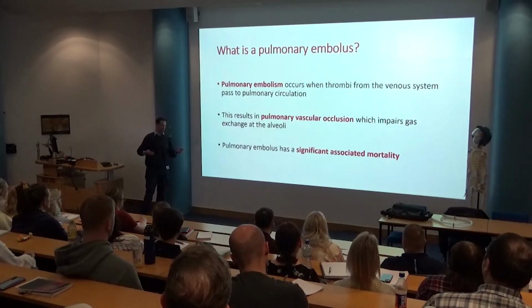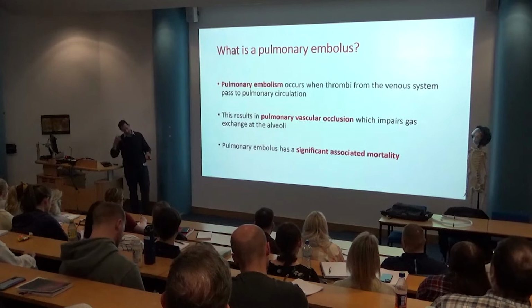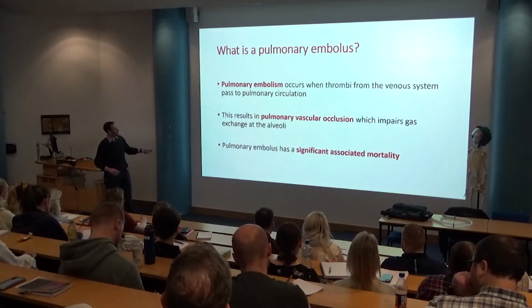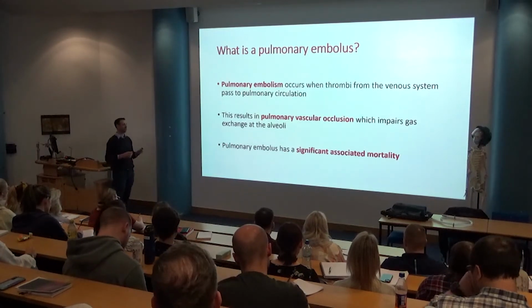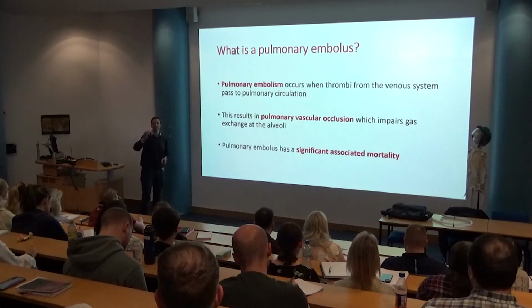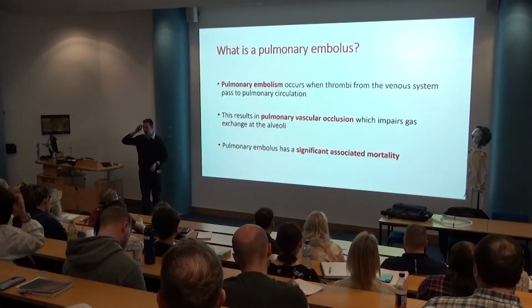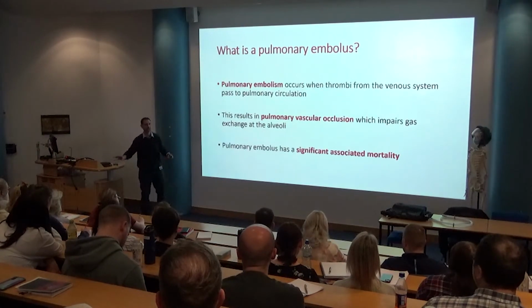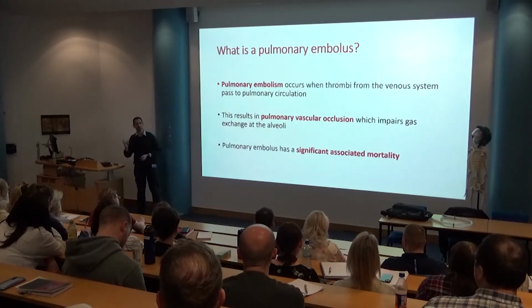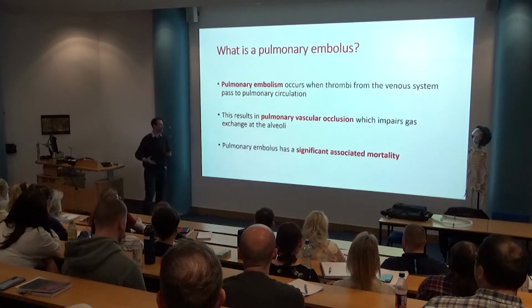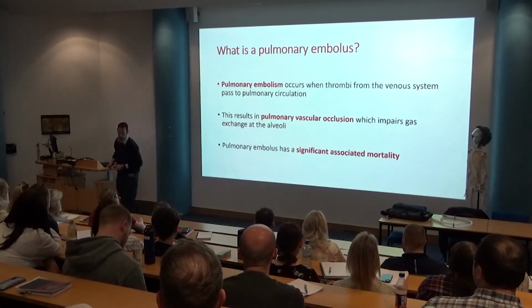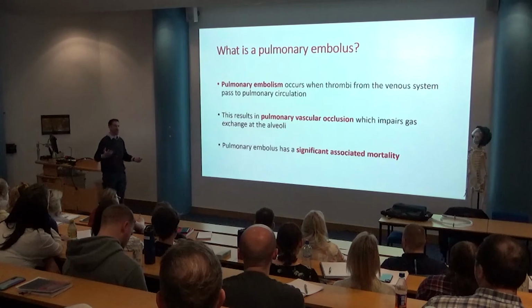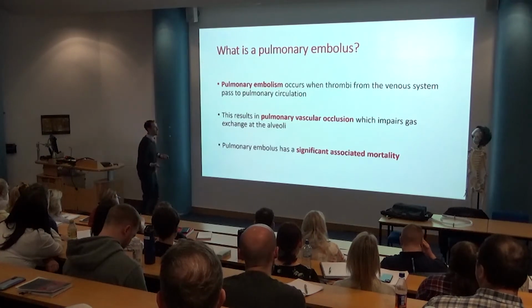So a pulmonary embolus has a significant associated mortality, but let's be logical about this. Not all pulmonary embolisms have a high mortality. Obviously, it will depend. Bigger ones do have quite a large associated mortality, but you can have much smaller, much more innocuous ones.